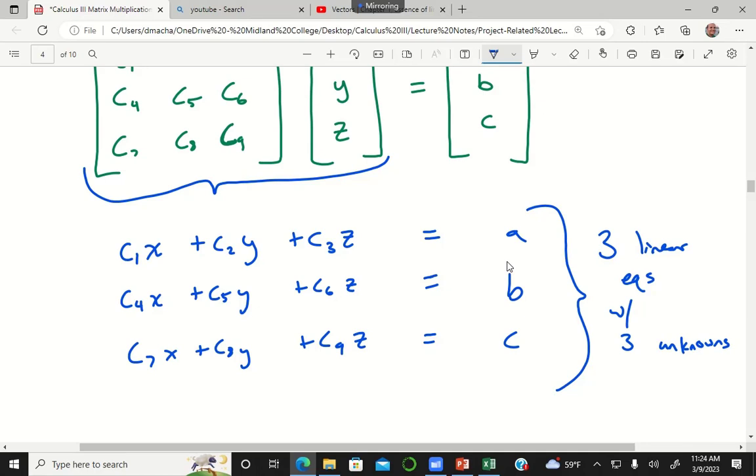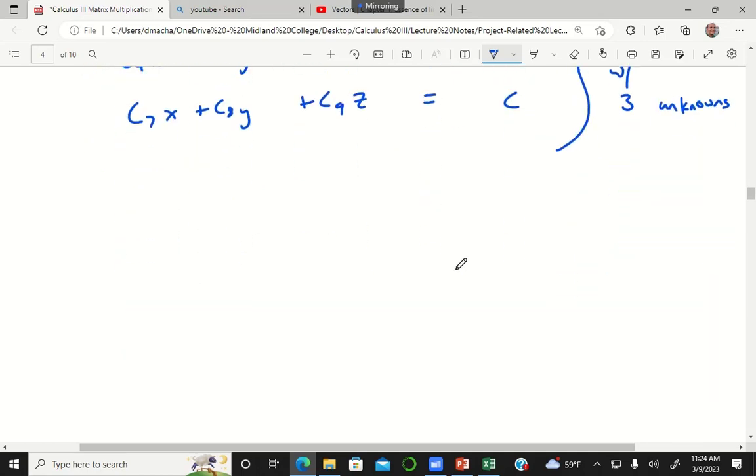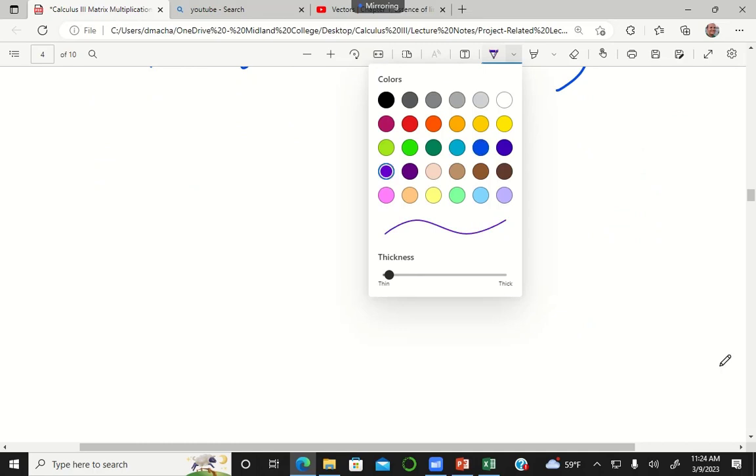And so what we were doing yesterday is using Gaussian elimination to solve for x, y, and z. Again, this is just formulating the same problem two different ways.